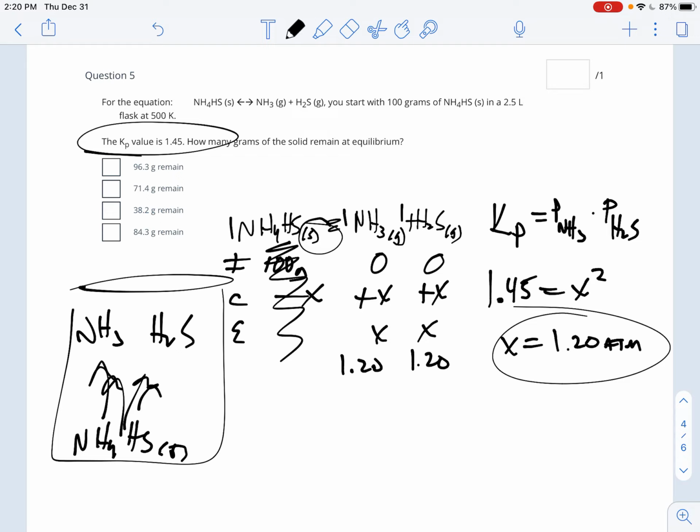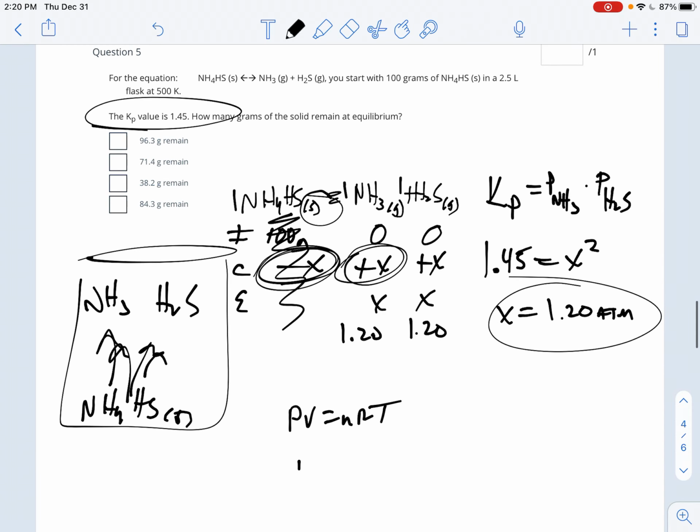All right, well, if that's the case, we can now work our way backwards to figure out what this number here is, because if this is 1.20 atmospheres of those and it's a gas, then I can actually figure out the moles, because I know PV is equal to nRT, or n is going to be equal to PV over RT. So this number here is going to be 1.2 atmospheres for my pressure.